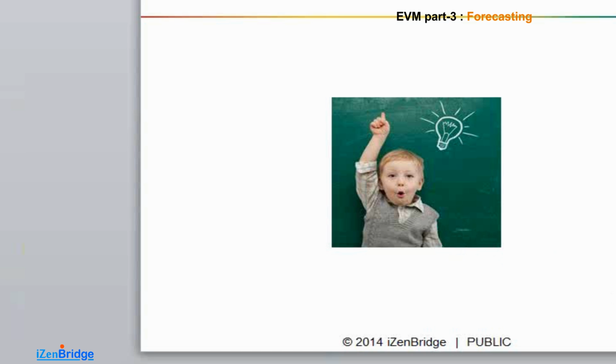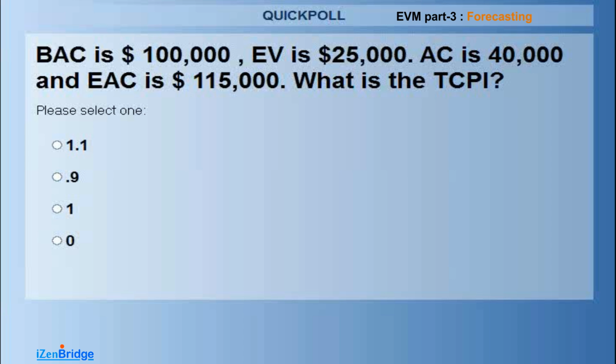Whatever extra money or less money you have spent in your previous duration, you are going to repeat the same trend. So it's a typical scenario. That's it. So that will help you to answer these questions.